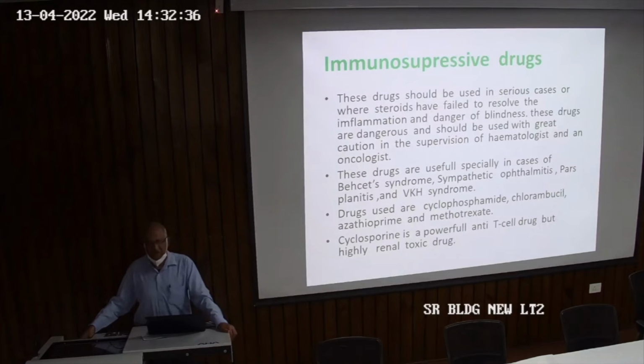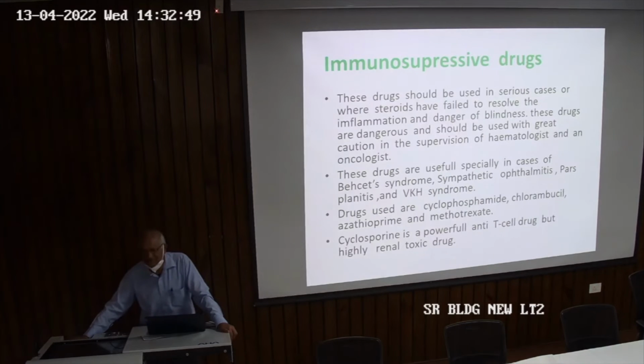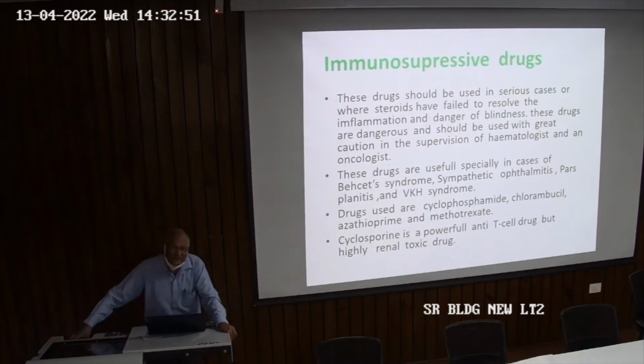Then we can ask you what are the immunosuppressive drugs and in which disease we start them. These are four or five drugs: chlorambucil, azathioprine, cyclophosphamide, cyclosporin. We start these in special etiological cases: sympathetic ophthalmitis, Behçet disease, pars planitis, or VKH syndrome.